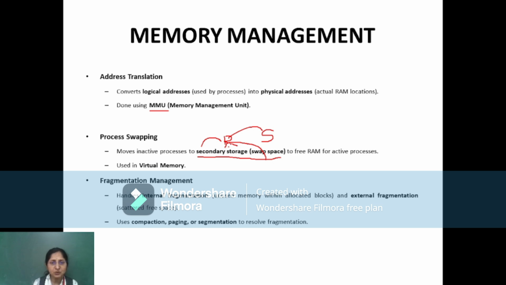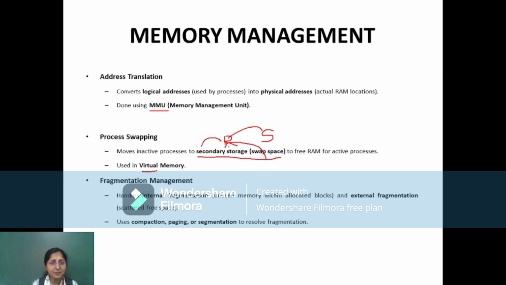So this process of shifting the process from RAM to secondary storage and from secondary storage to RAM is known as process swapping, or in simple words we can say this is known as swapping the places from secondary to RAM to secondary.